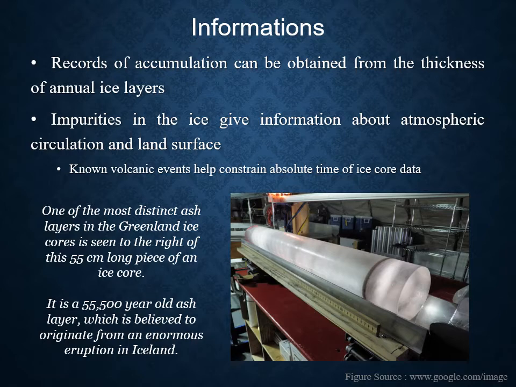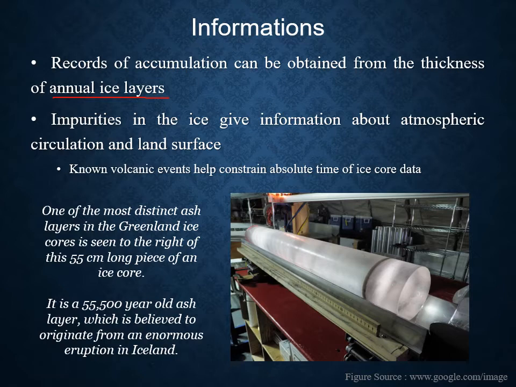Secondly, the records of accumulation of the ice layers. How much precipitation occurs during an entire year can be recorded from the thickness of the individual layers. So indirectly that gives evidence of an individual year's average temperature condition.